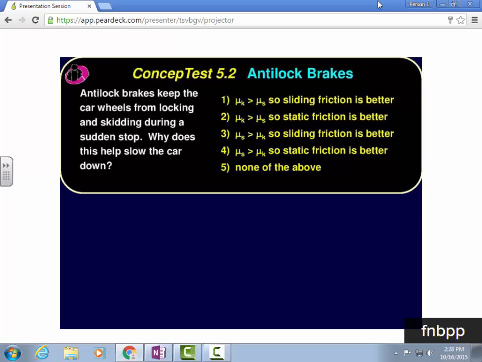Why? Otherwise it would start sliding, and since it slides, what's going to happen? It's going to be subjected to what friction? Kinetic friction. And the coefficient of kinetic friction is less than that of static friction. You want your wheels to maintain static contact to the road. And so the way you do that is you prevent it from skidding.